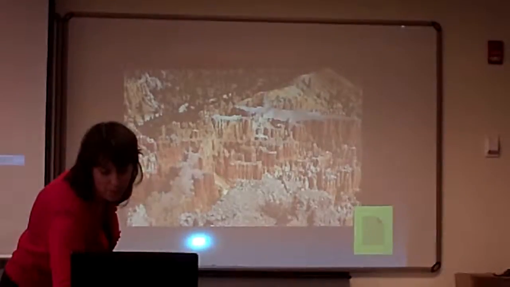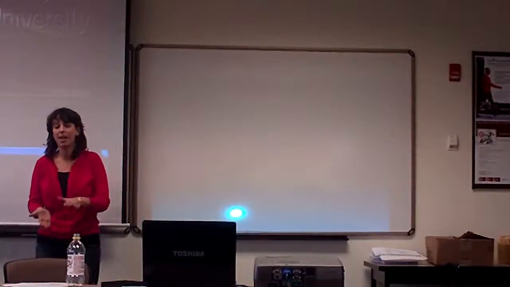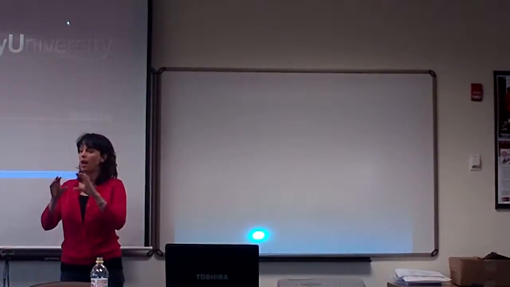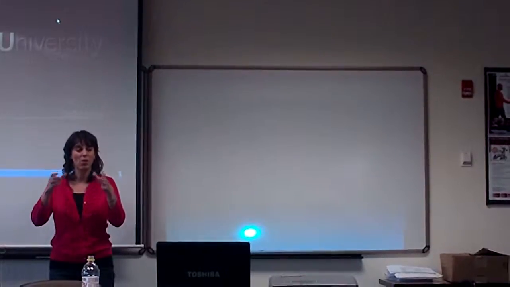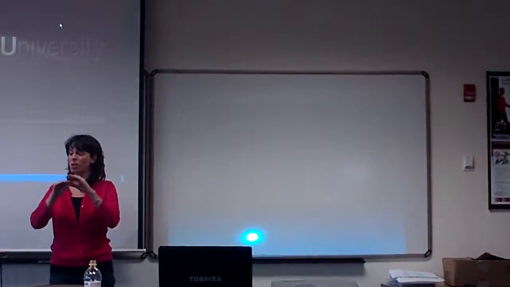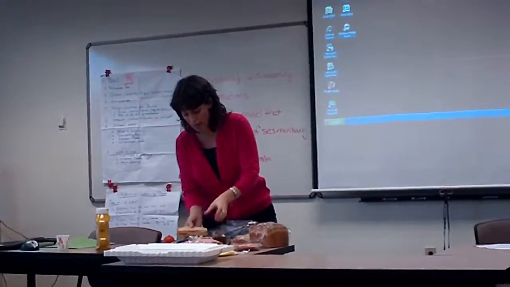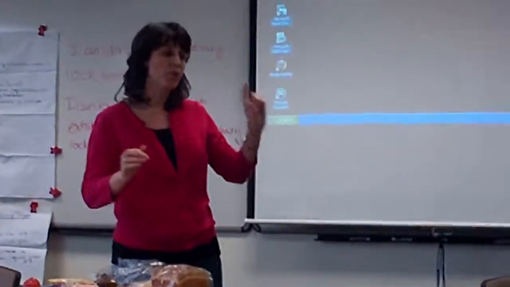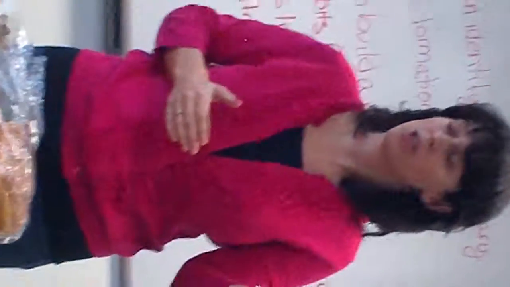So, the project we're doing today is we're going to be making models using some Play-Doh, and working in teams, you'll each have about 6 colors of Play-Doh, some clear tubs so that you can make something similar to my sandwich in a clear tub so you'll be able to see a cross-section. I've got a rubric created so that you can follow along and see what my expectations are for my model.